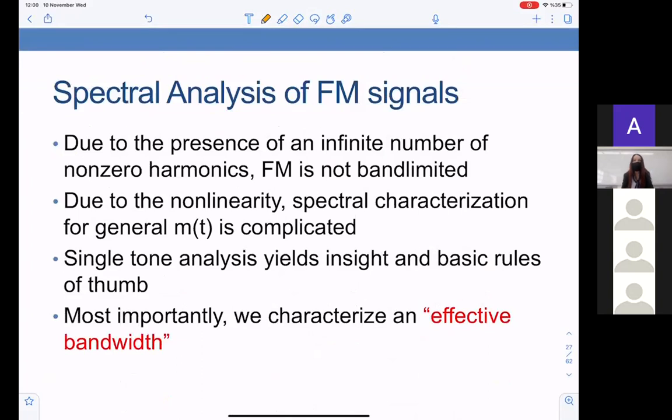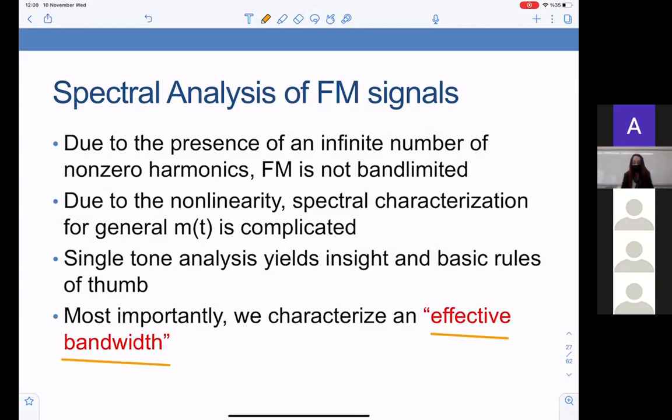We will have to take a look at the Bessel function values. And if we believe that some of the harmonics have very low weights, perhaps we could ignore them and get an effective bandwidth.